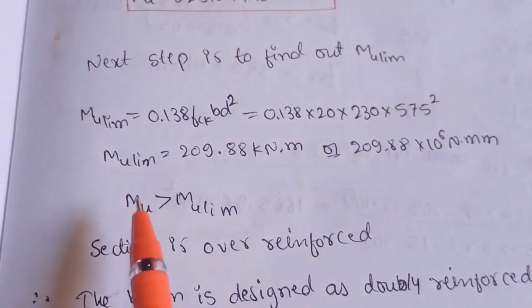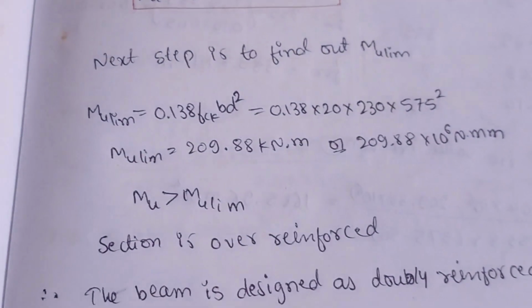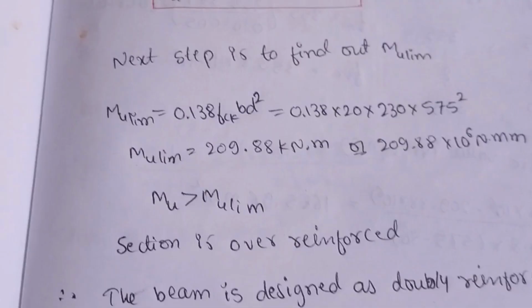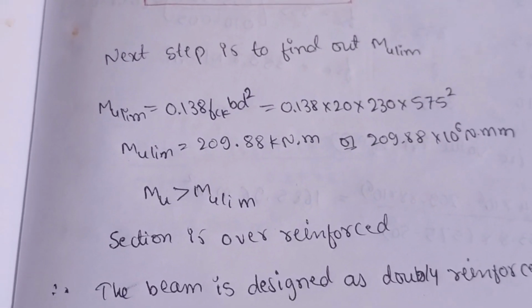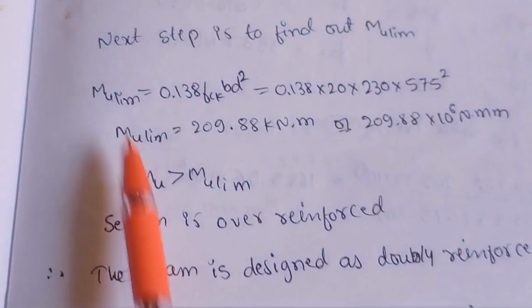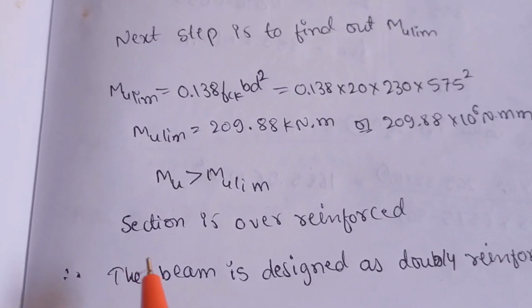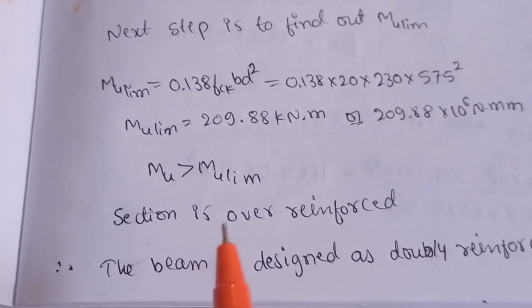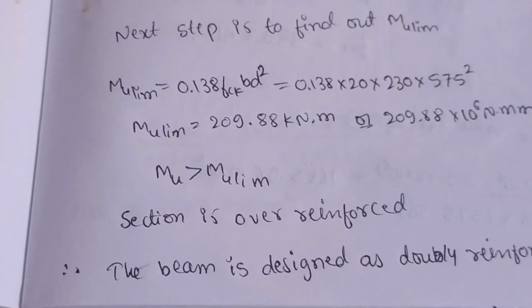By calculating the Mu and Mu limit, we'll come to know whether our given beam is singly reinforced or doubly reinforced. This is how we find out our given beam is singly reinforced or doubly reinforced. This is the procedure.